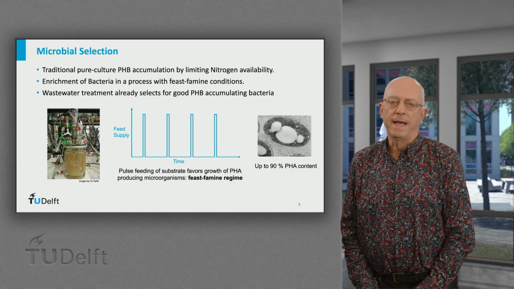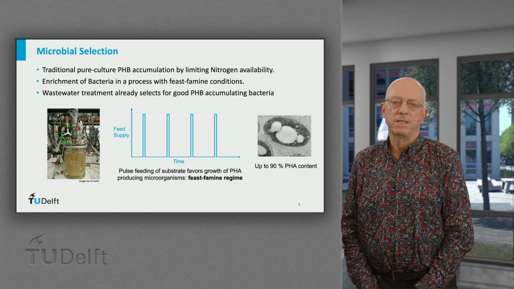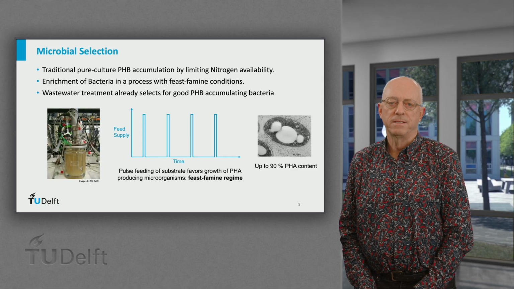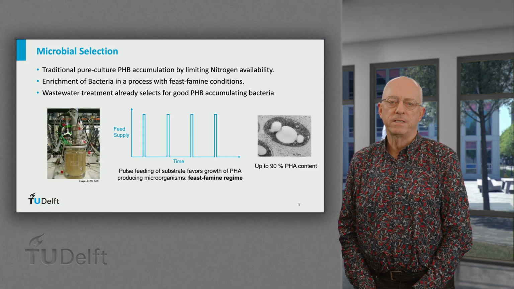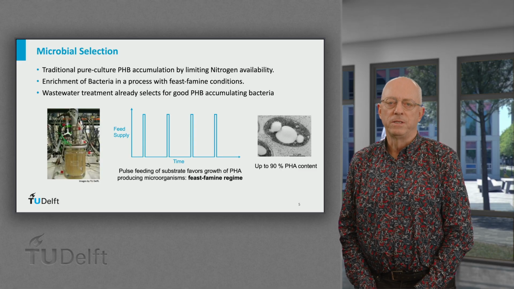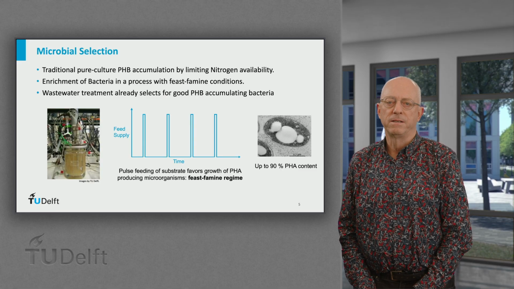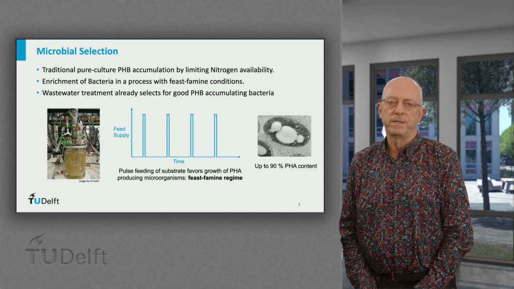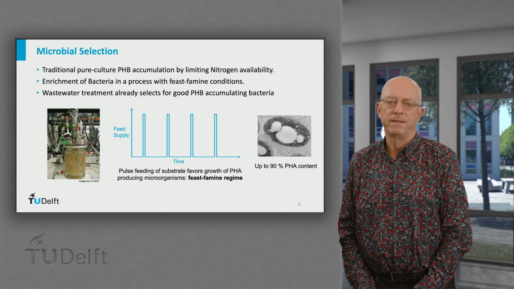We periodically add a pulse of substrate, say once every hour. For a few minutes there's plenty of substrate, the feast phase, and for the rest of the cycle there's no substrate, the famine phase. Under these conditions we select for bacteria that can rapidly take up substrate and store it as PHA to survive the famine phase.